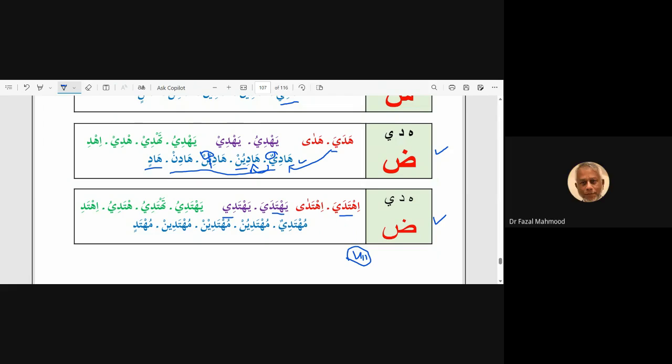One second. Which one are you talking about? I'm talking about the yahtadaya. The dal with fatah is supposed to be a kasra. Ifta'ala yaftailu. So the harakat is wrong, it has to have a dhamma.